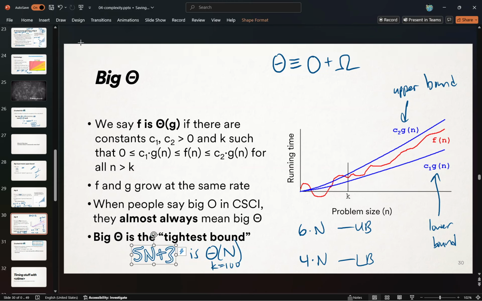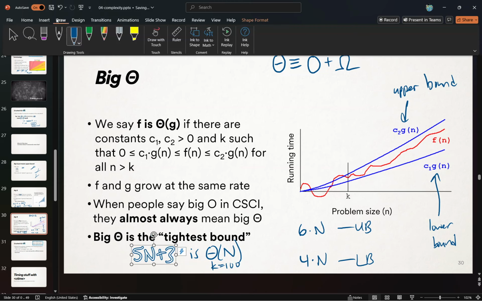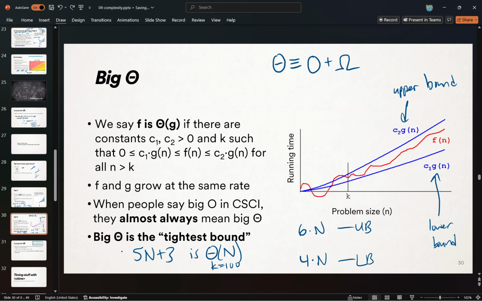So at k equals 100, at that input to my little function, 5n plus 3, I will hit 503. And then when I'm using this one, at k equals 100, it's going to be exactly 600. Then at this one, it's exactly 400.